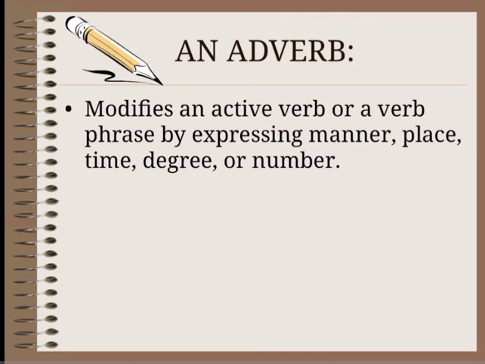An adverb. What do you mean by an adverb? As an adjective, an adverb also takes an important role in making the sentence. So let's learn the details about the adverb. An adverb modifies a verb or a verb phrase by expressing manner, place, time, degree, or number.